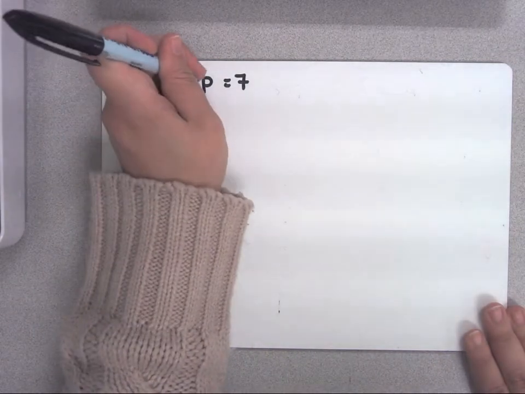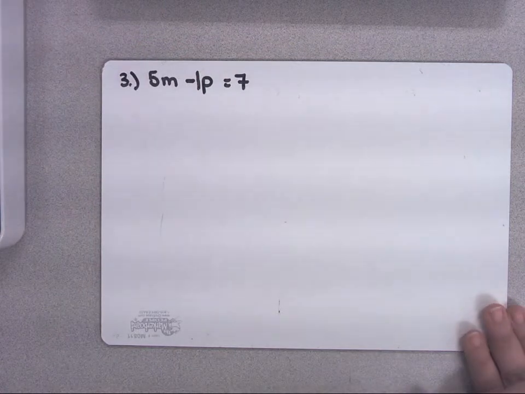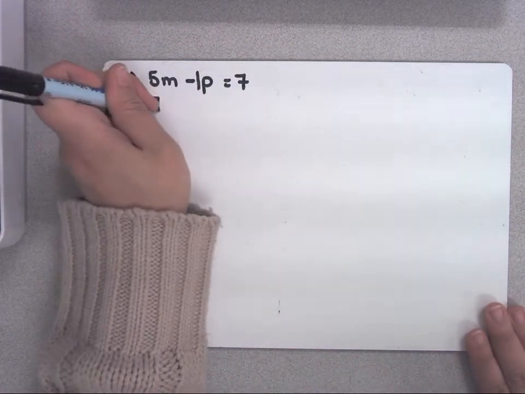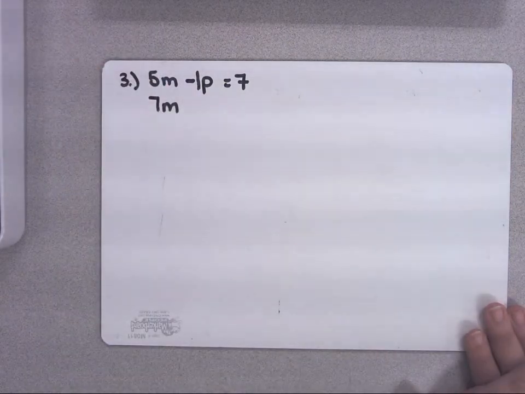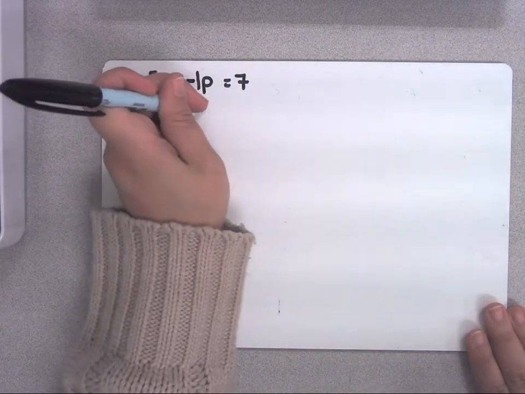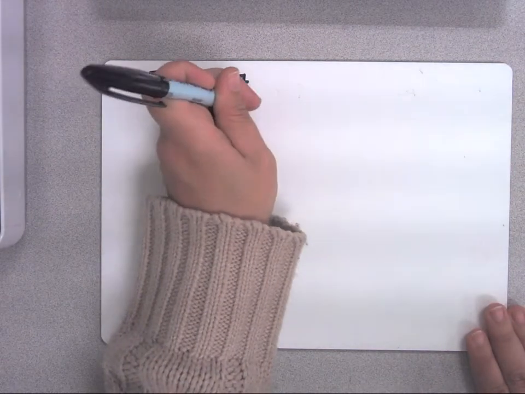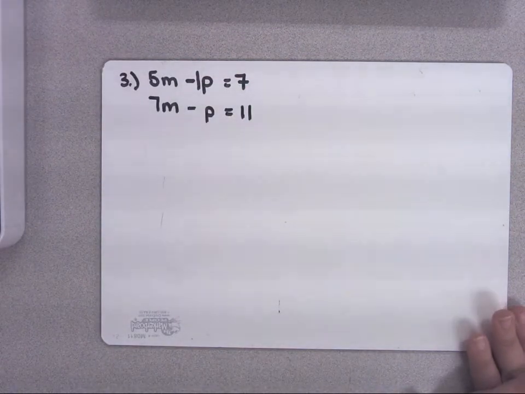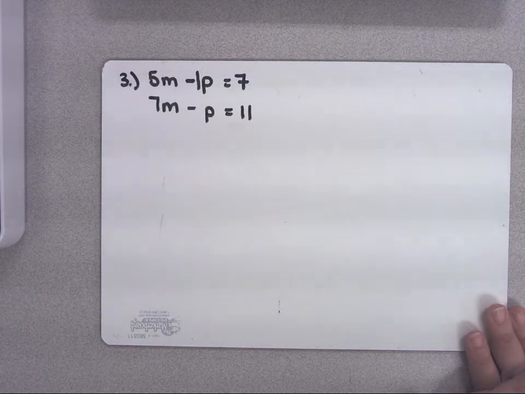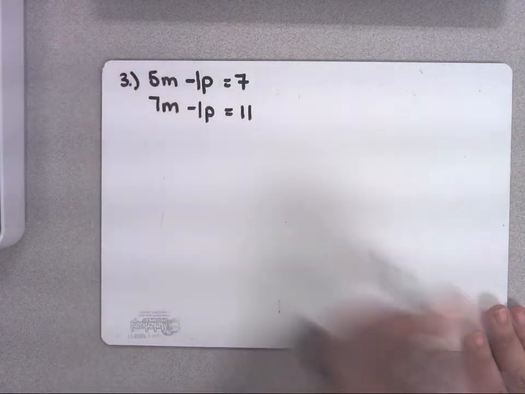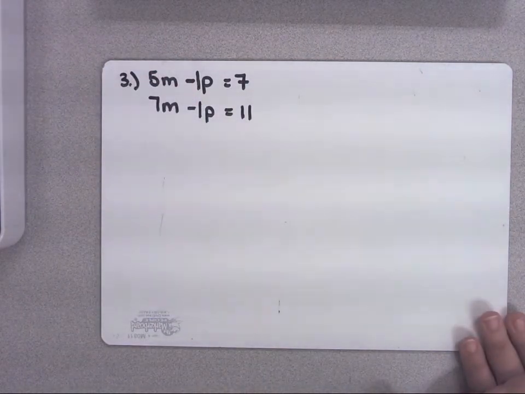I would always put it there because sometimes you guys get confused when there's just variables there, okay? Next equation, 7m minus p equals 11. Again, I would always put the 1 where I see it. Make sure your stuff is in order.